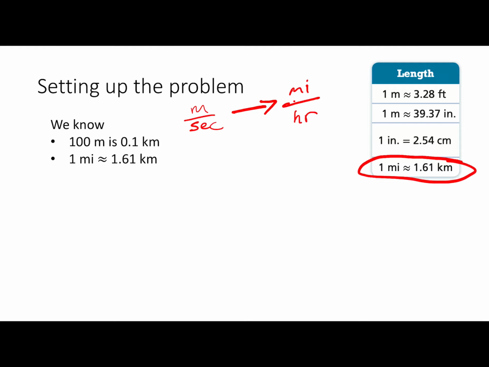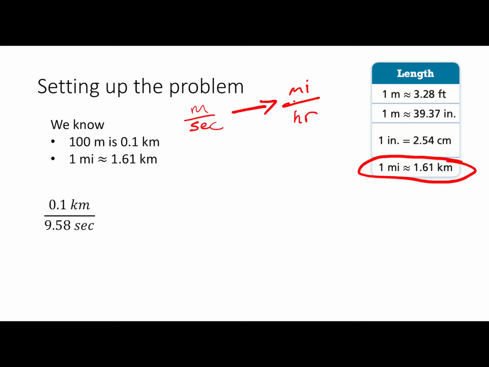We also know that we have this conversion factor that says 1 mile is approximately 1.61 kilometers. So we take our original information and we set it up as a fraction. And we get 0.1 kilometers over 9.58 seconds.